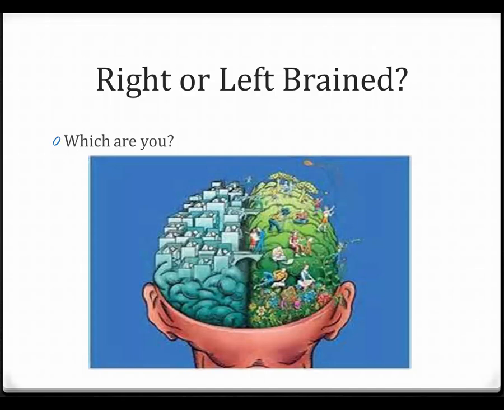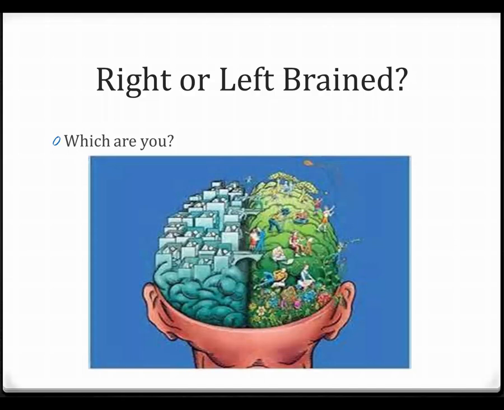A person that is left brain thinks in compartments. So a lot of times they can only think about and engage in one concept at a time. Most left brain people are very mathematical. They're absolute. It's either black or it's white. There's no gray areas in there.